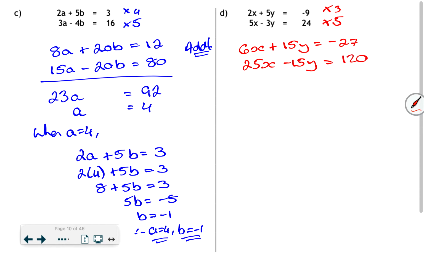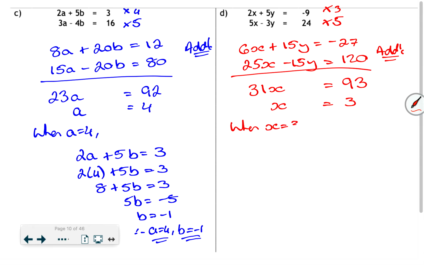So different signs again, so let's just add them up. One great big sum. 6 plus 25 is going to give me 31, so it's 31x. 15y minus 15y cancel out. Minus 27 plus 120 is going to give me 93. So 31x equals 93, so x has to be 3.